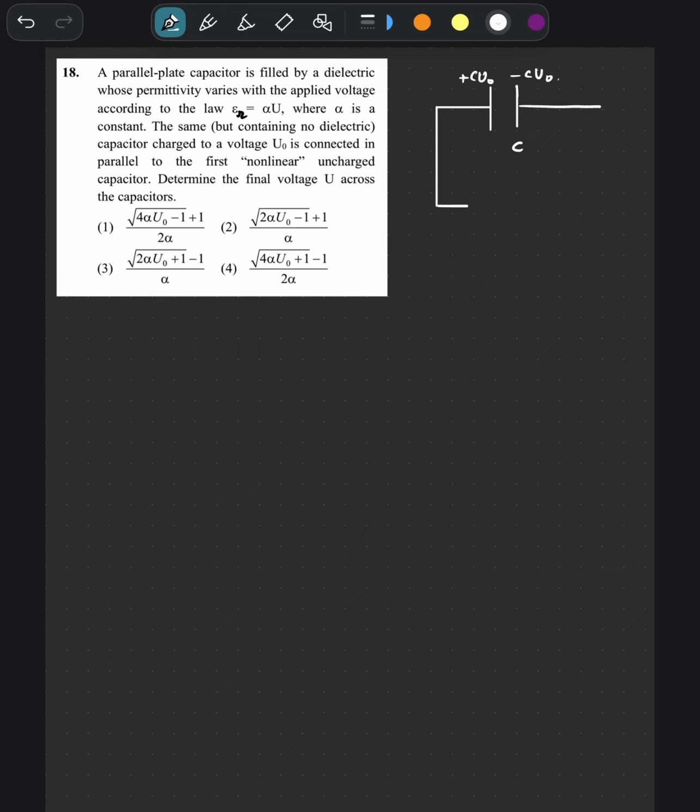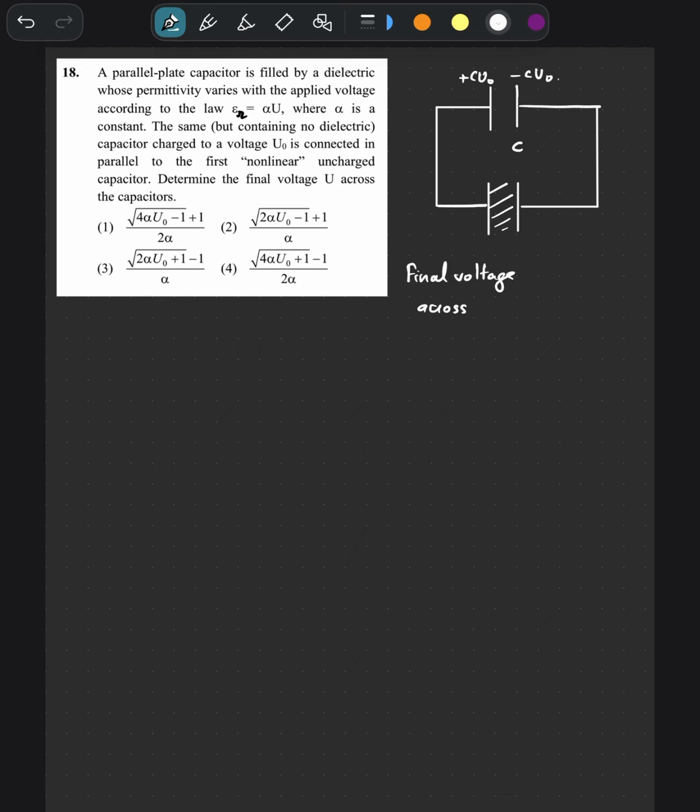Now it is connected in parallel to a similar capacitor, but with a dielectric between the plates. This dielectric does not have a constant dielectric constant; it varies with the applied voltage. We are supposed to find the final voltage across the capacitors.